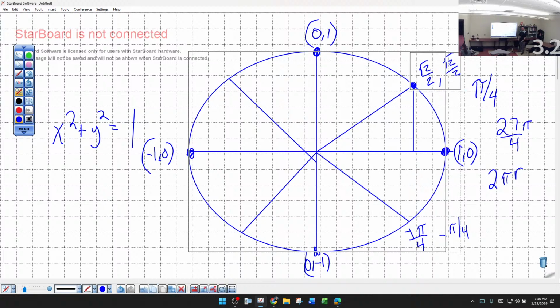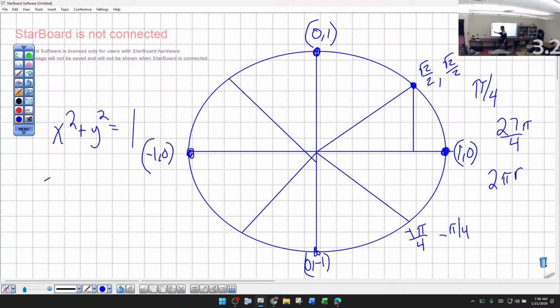Okay, and then we started talking a little bit about the trig part of it, and we had sine and cosine. And sine was my duck, or the y, and cosine is my dog, which is the x. How far out does the dog have to go, and how far does the duck fall? And so it's the square root of 2 over 2, and that's the square root of 2 over 2.